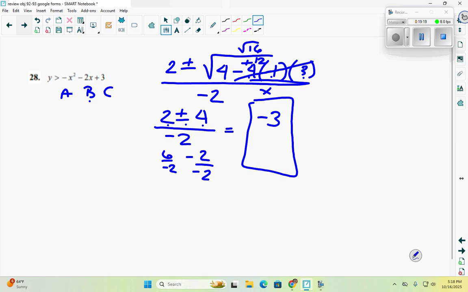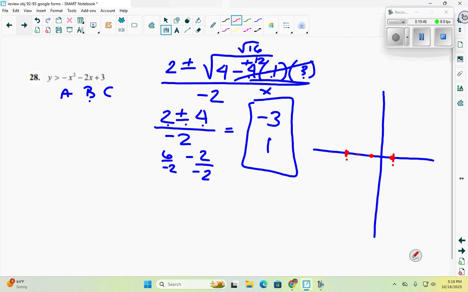Well, a negative over negative is a positive, and 2 divided by 2 is 1. Okay, so what I've just found is where it crosses the x-axis. Okay, so one's at 1, so someplace right there. And then the other one's at a negative 3, so 1, 2, 3. Okay, so this is my other one. Okay, so these are the 2 spots where it crosses at.